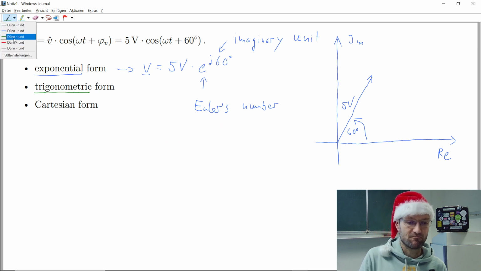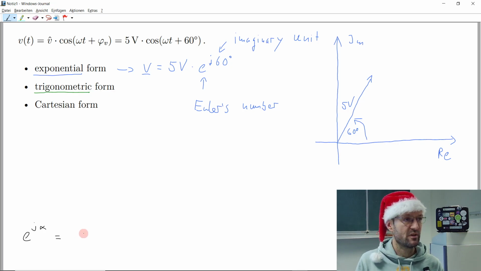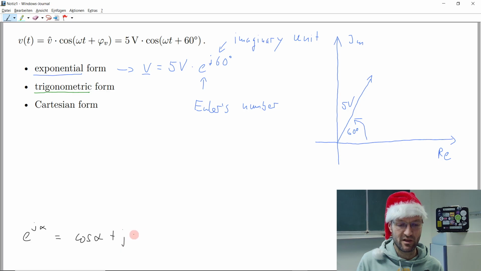There's a very basic equation that e to j phi or e to j alpha can also be rewritten as cosine alpha plus j sine alpha.